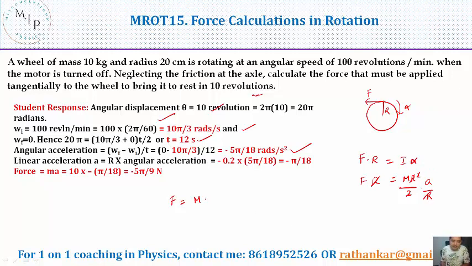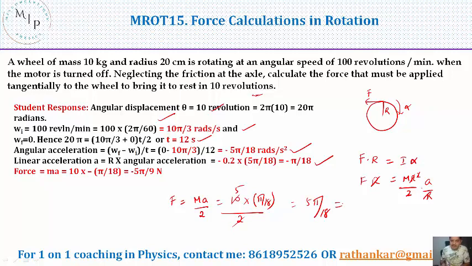So this should now be equal to MA divided by 2. Now what is M? 10 multiplied by A. What is A here? We have not got the value of A. So linear acceleration, yeah, sorry, this part is also right, which should be pi by 18 divided by 2, which should now be equal to 5 pi by 18.